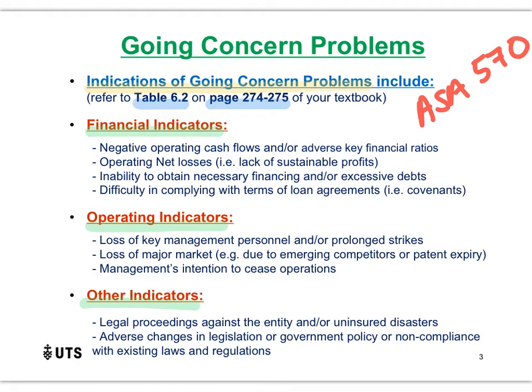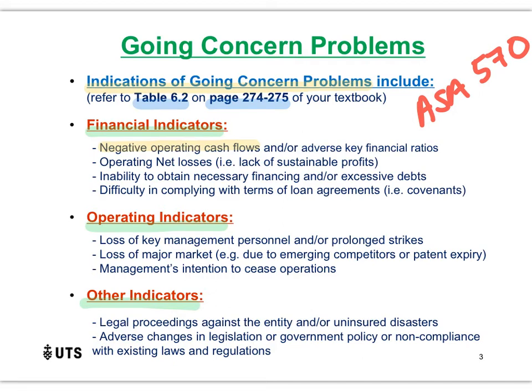So let's go through these indicator categories. The first one was financial indicators. Now, financially, what would indicate to us that the business may have difficulties in continuing operations? Well, a really good example of that is if they have, I'll just highlight this for you, negative operating cash flows, which means if they are making more cash payments than what they are receiving in cash.